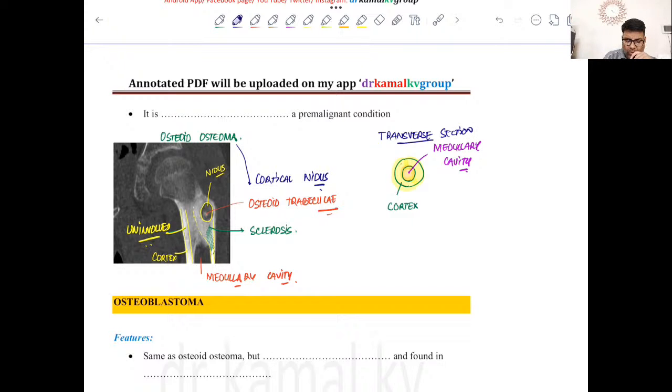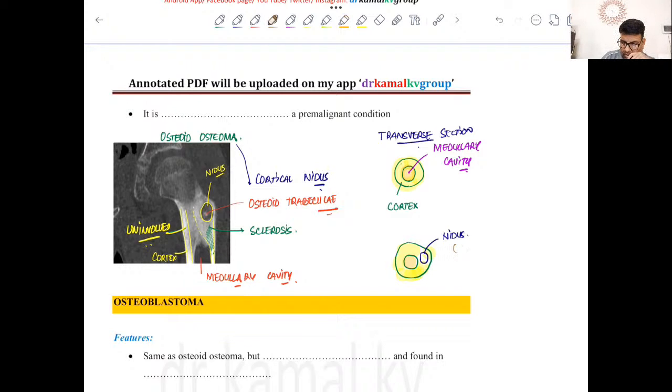Now what happens in osteoid osteoma, as I told you, is that it is a cortical lesion. So suppose this is the bone, right? There will be a nidus, something like this. So this is the nidus here. Clear? I think you can all clearly see that the nidus is developing within the cortex and the medullary cavity is uninvolved.